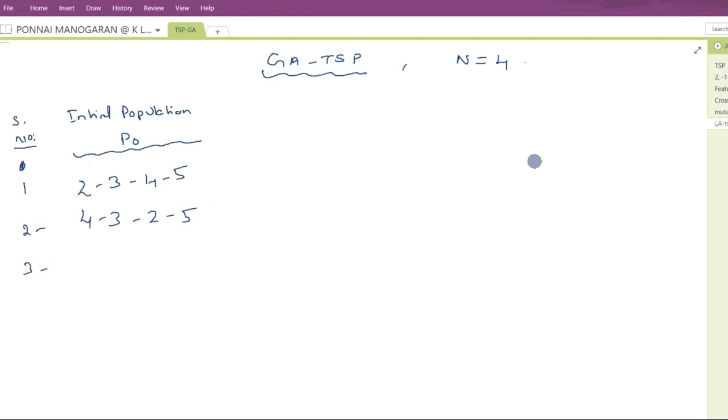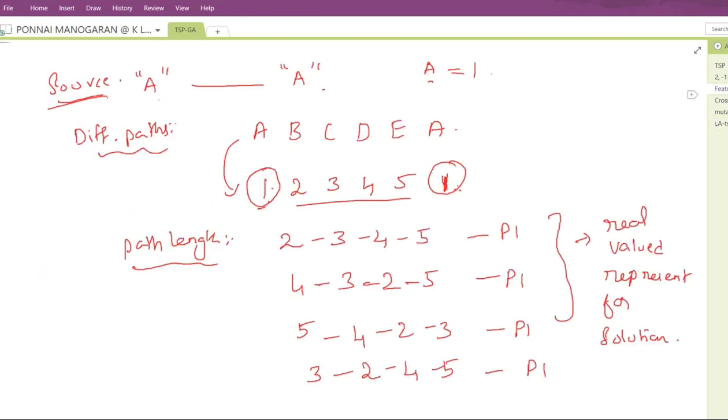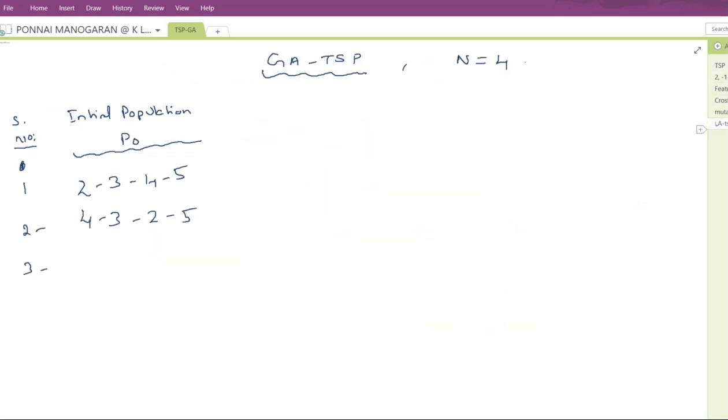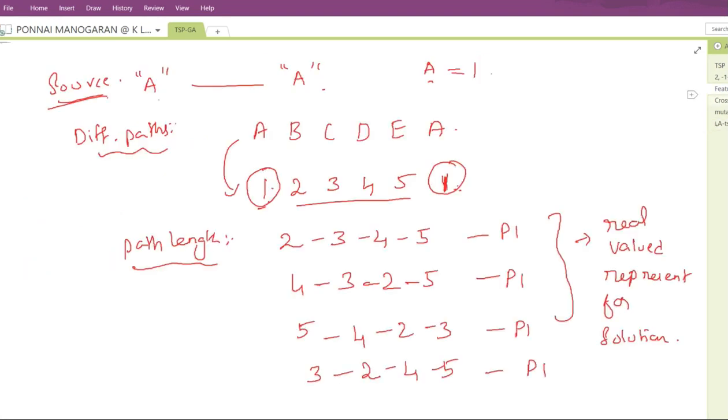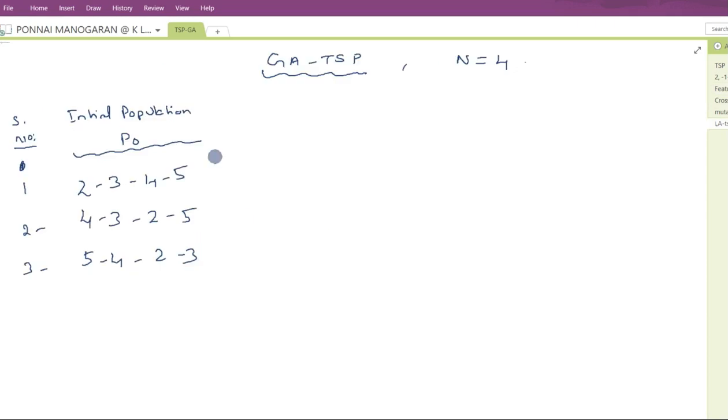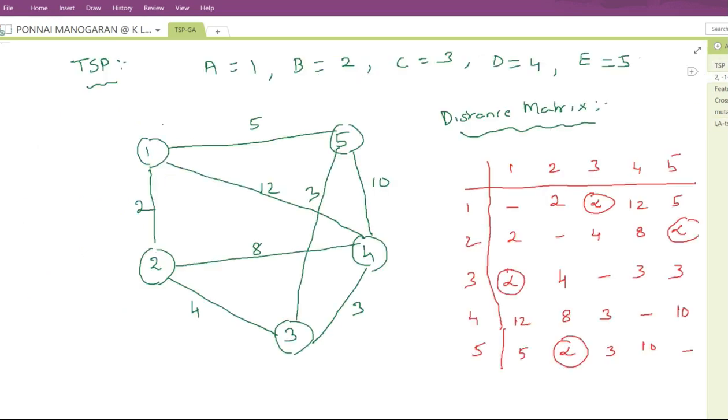Third path is 5, 4, 2, 3. And 3, 2, 4, 5. So after generating the initial population, you can see what is the next step.